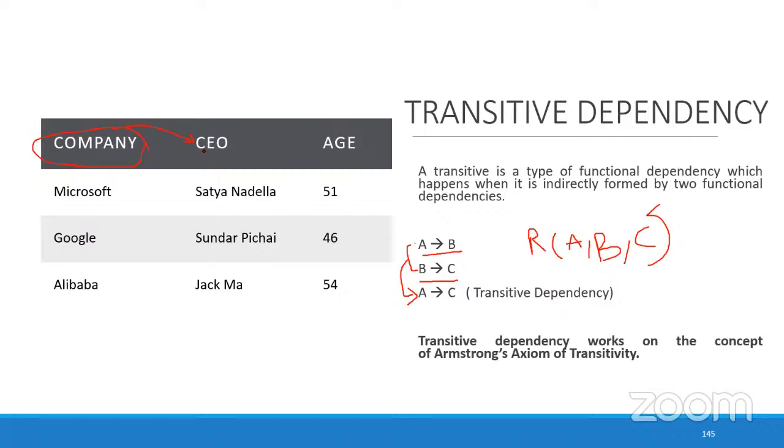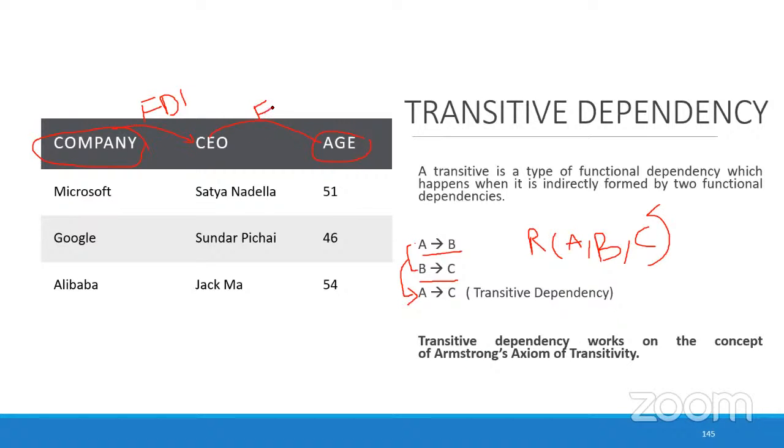This is functional dependency 1. If I know the CEO, I know the person's age, that is the CEO's age, so I can definitely determine age from CEO. This is functional dependency 2.